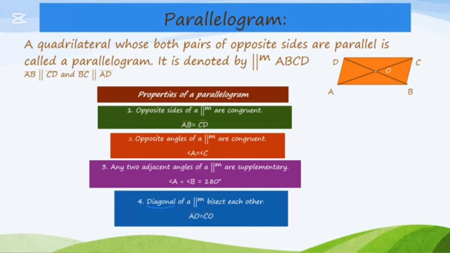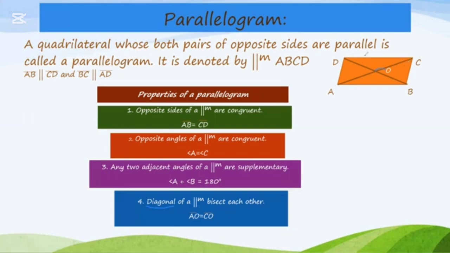These two diagonals intersect each other at point O, and we can see that the measurements OA and OC are both equal.